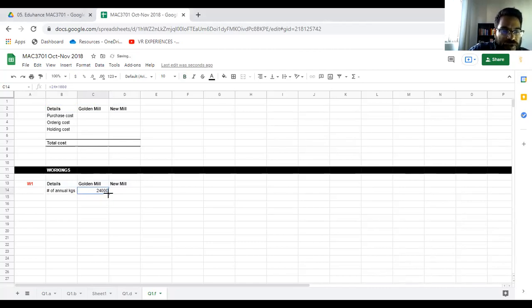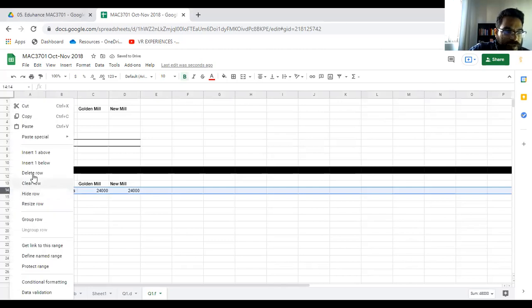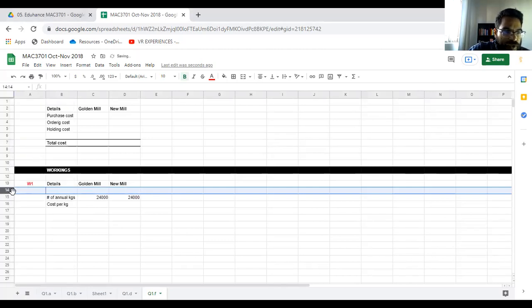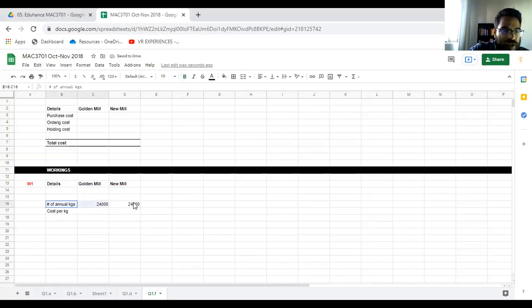So it's 24,000 kilograms. Then we're going to say cost per kg. I'm just going to do it a little bit more detailed, just so that if you work through the question, it's easy to follow. But in an exam you can just start over there. I'm going to add the two just to do the conversion.